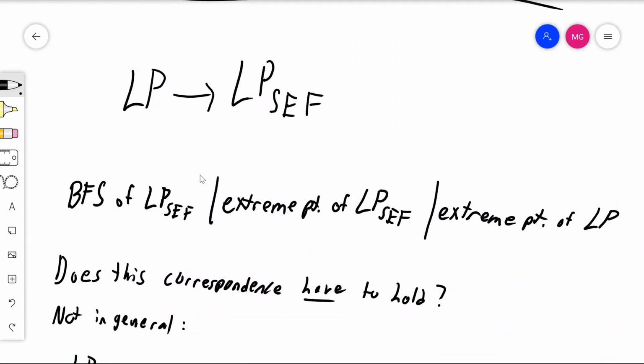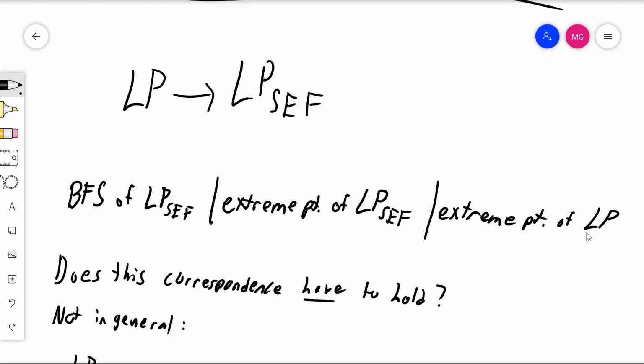The way that ended up working out was that there were three separate equivalences. There were the basic feasible solutions of the linear program in standard equality form, and we already knew that basic feasible solutions and extreme points were the same thing. So these were the same as the extreme points of that linear program in standard equality form. But in addition to that, the extreme points of that linear program in SEF form were in bijective correspondence with the extreme points of the original linear program.